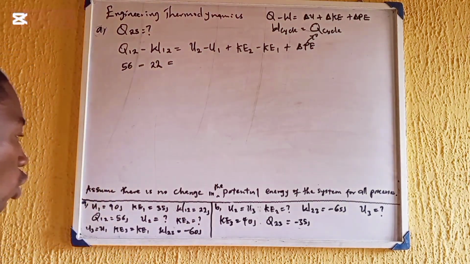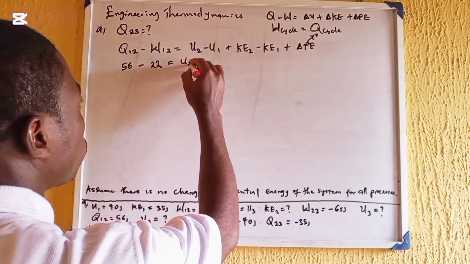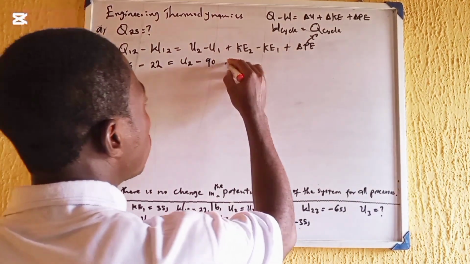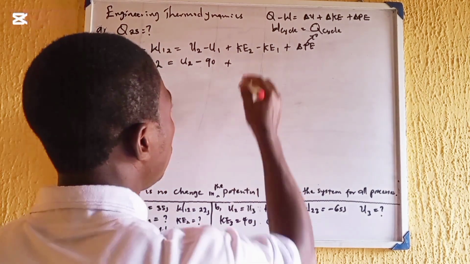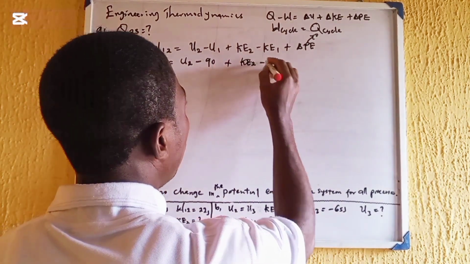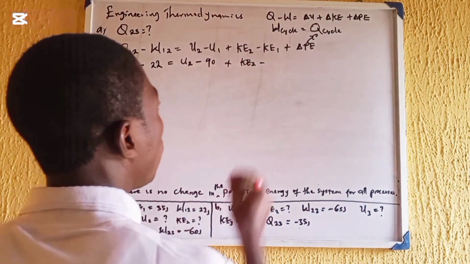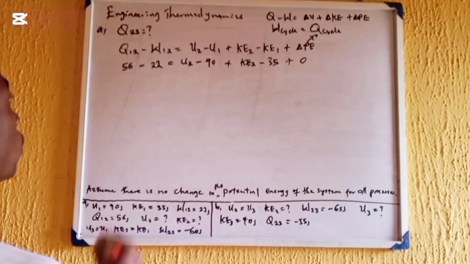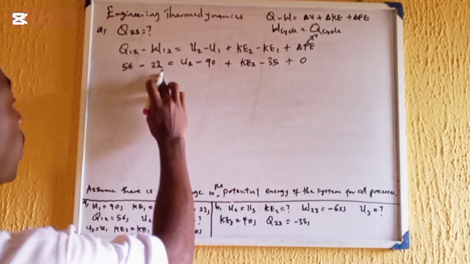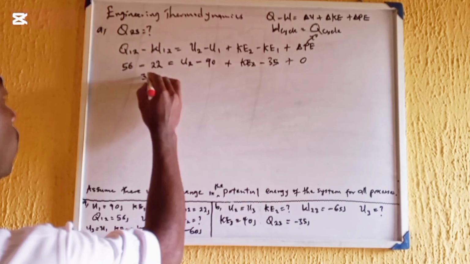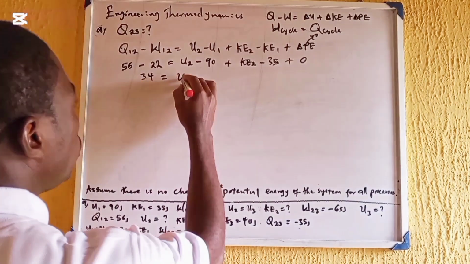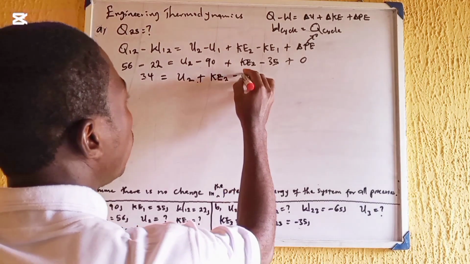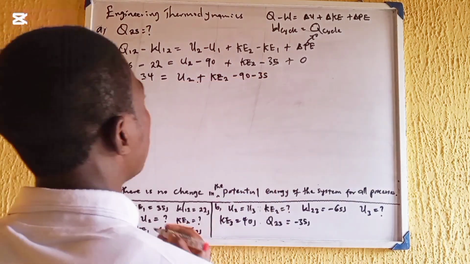Then we're having U2, we don't know U2. Then U1, 90. Then plus KE2, we don't know KE2. Minus KE1, 35 joules. Then plus 0. So this becomes 56 minus 22, we'll be having 34 equal to U2 plus KE2 minus 90 minus 35.